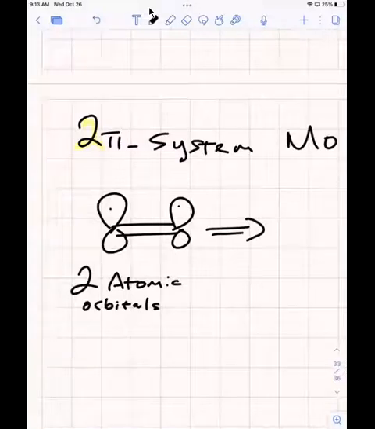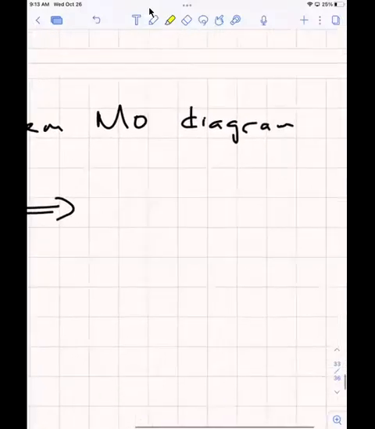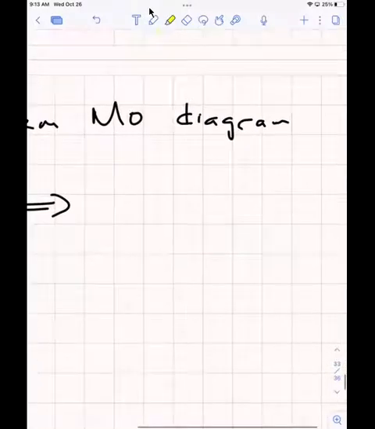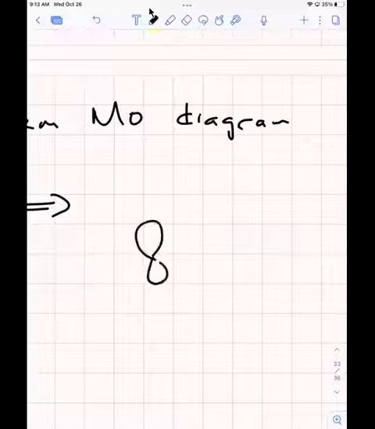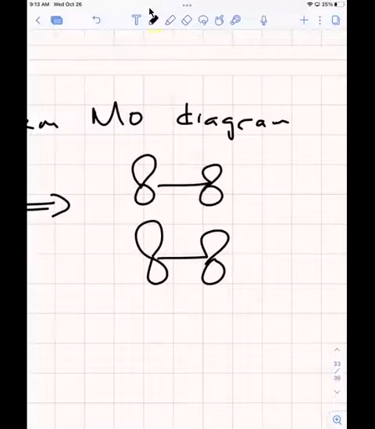So how many molecular orbitals should I expect if I take two atomic orbitals and add them together? Right, it's always the number of atomic orbitals. So if I have two atomic orbitals, I can expect two molecular orbitals, where these can combine in two different ways, right?